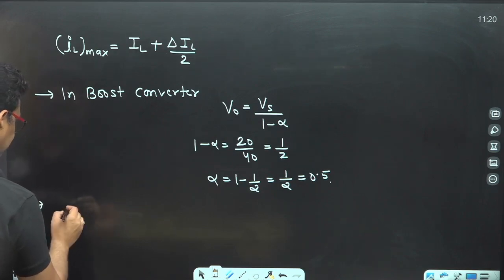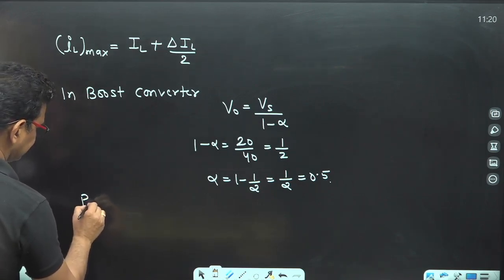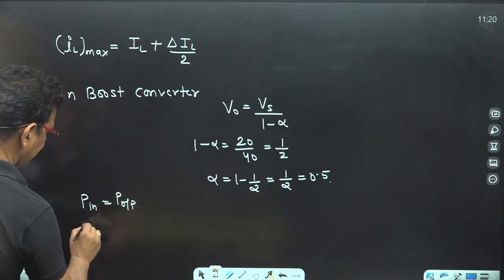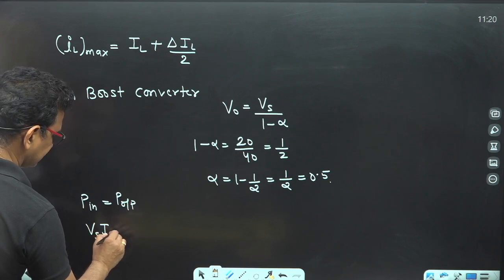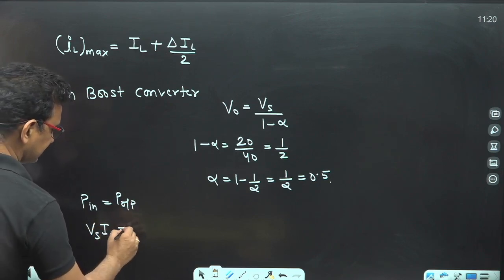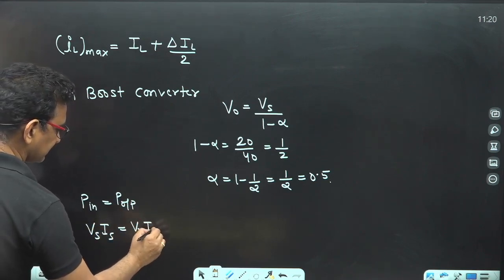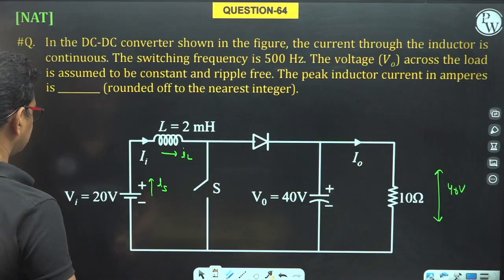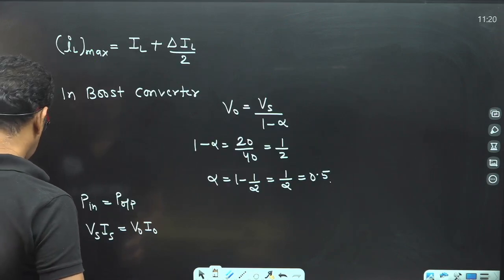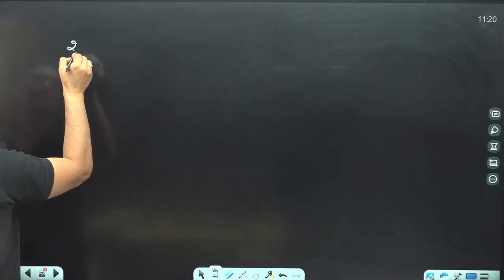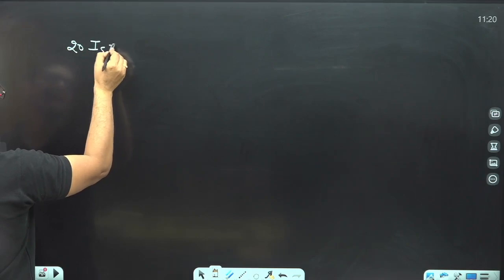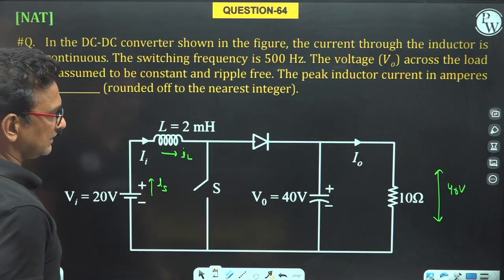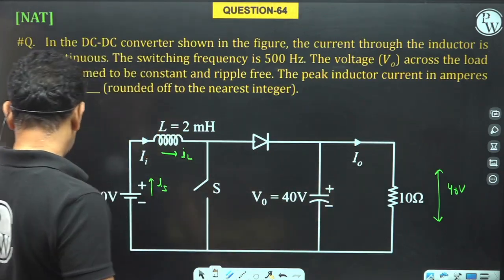Now we know that the input power is equivalent to the output power. Input power is Vs into Is, average voltage and average current. Output power is V naught into I naught. Vs is 20 into Is, equals 40, and I naught is 40 divided by 10.